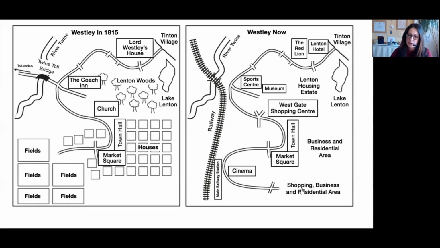And we have this new shopping, business and residential area at the bottom of the map. The woods have also disappeared. We now have Lenton housing estates in their place. And Lord Westley's house is now the Red Lion and the Lenton Hotel. So we can see lots of changes that have taken place between 1815 and now.